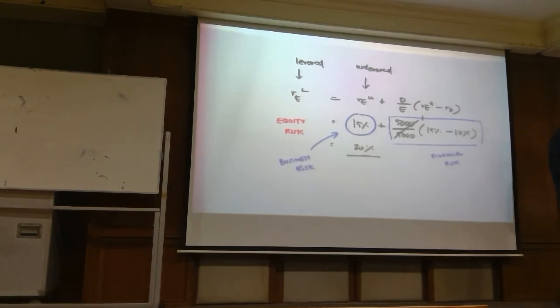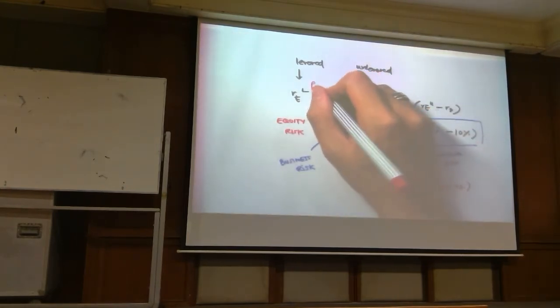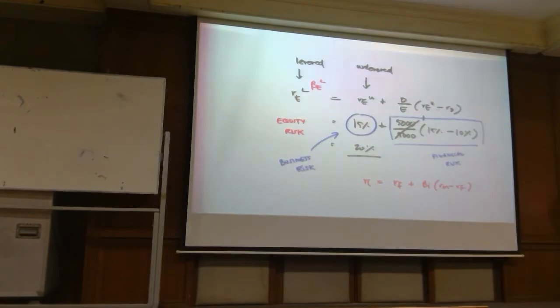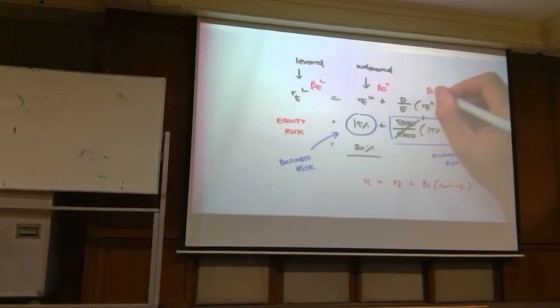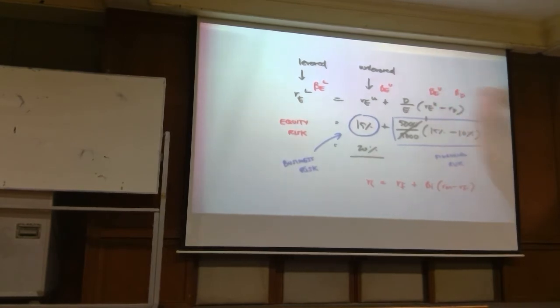If you include one more fact that we know, the CAPM looks like this. So we can make this substitution into here. Then we can rewrite the whole equation in terms of not returns, but in terms of beta instead. Change all the R's, call them beta instead.